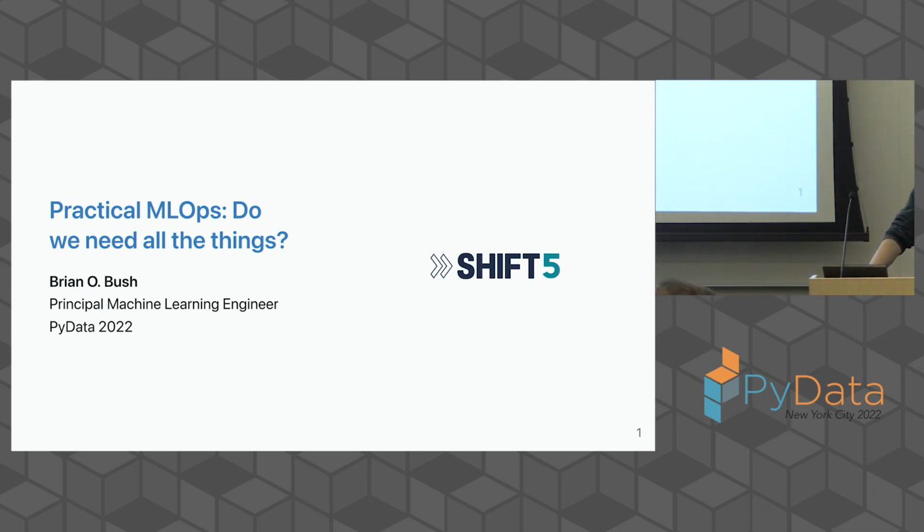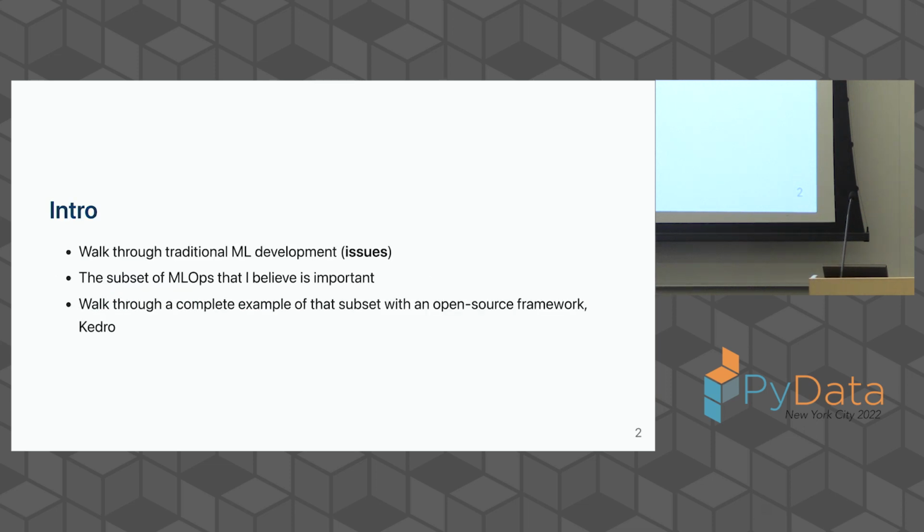Either one. Thanks. So I want to talk about practical MLOps. It's a loaded word. We'll try to unbox it a bit and talk about how I've actually approached the problem. So first, I want to walk through traditional ML, mainly highlighting the issues. Anyone who's done ML in here probably knows those issues, so some will resonate with you.